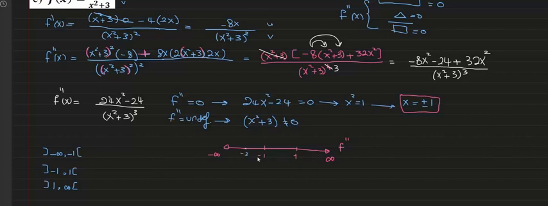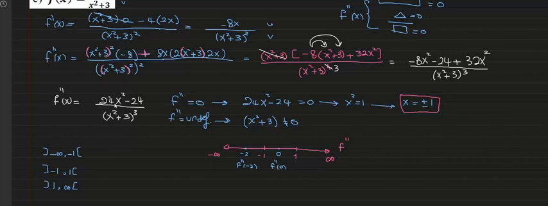It can be -2, and we will compute the f double dash at the -2 and find the sign, and we will pick a point here. It can be 0, and we substitute it in the f double prime of 0 and find the sign.